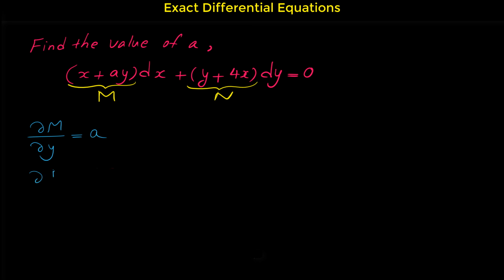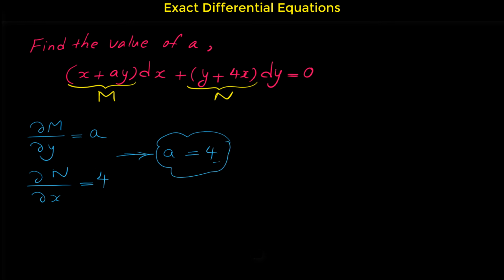The partial derivative of n with respect to x is the partial derivative of y with respect to x is 0, and the derivative of 4x with respect to x is 4. So the differential equation is an exact differential equation if these two values are equal to each other. So a must be equal to 4.